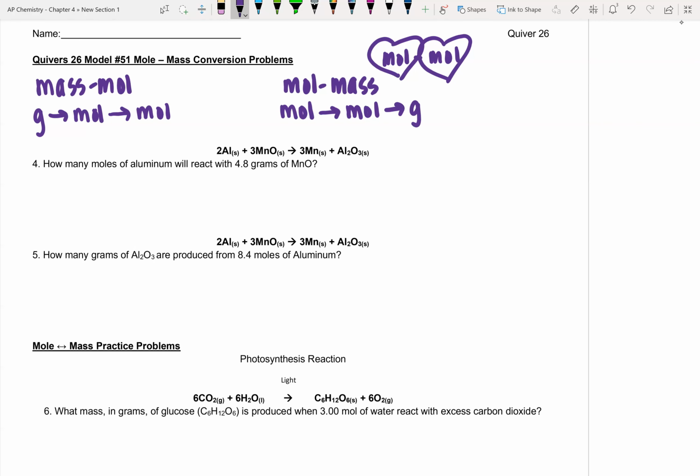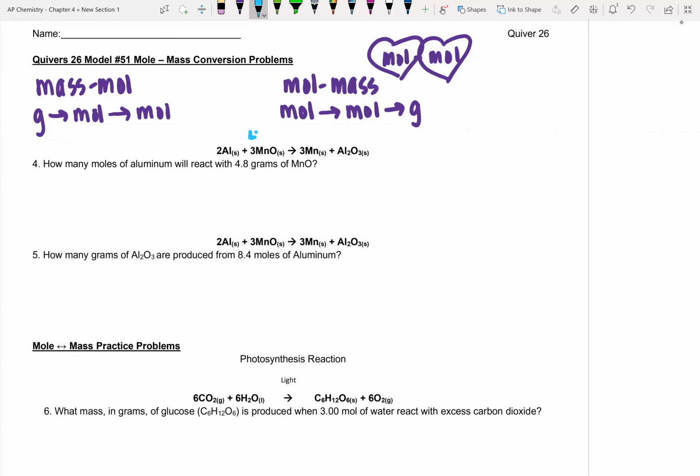So all we've been doing here is adding on one step to the mole to mole ratio that we started in our previous lesson. Which one of these we use is dependent on what we are asked in the initial question. So looking at this sample number 4, how many moles of aluminum will react with 4.8 grams of manganese II oxide?